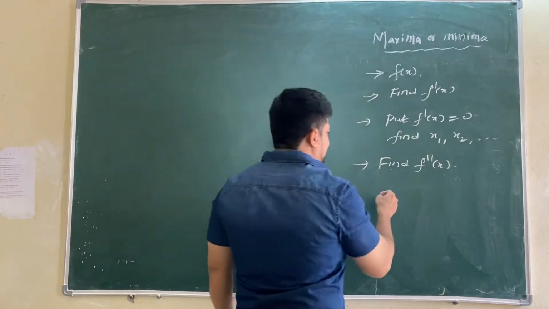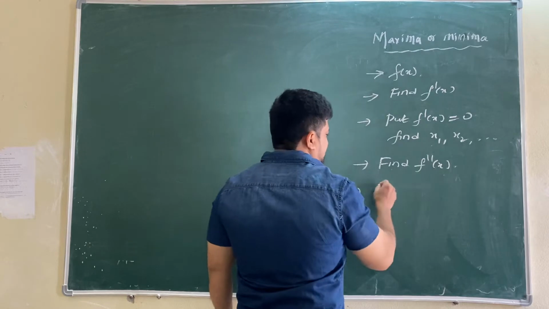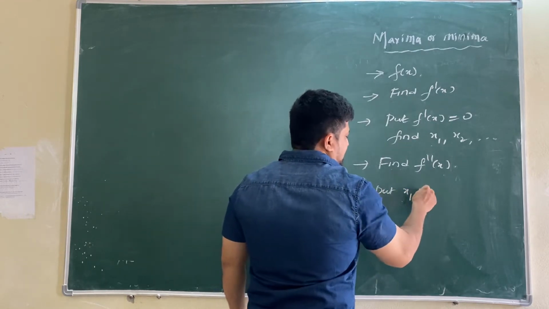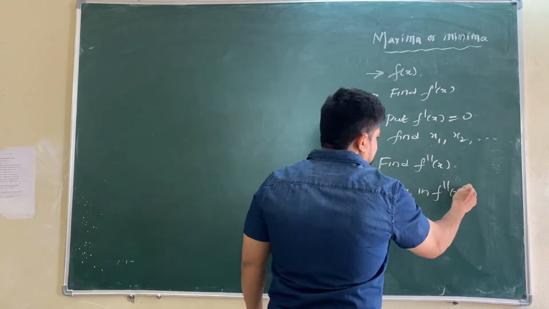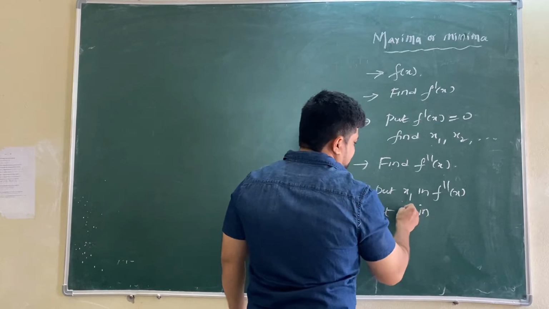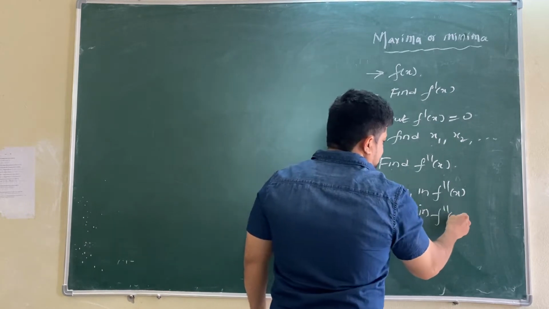Once we get f double dash of x, we will substitute x1 in f double dash of x, and we will substitute x2 in f double dash of x.